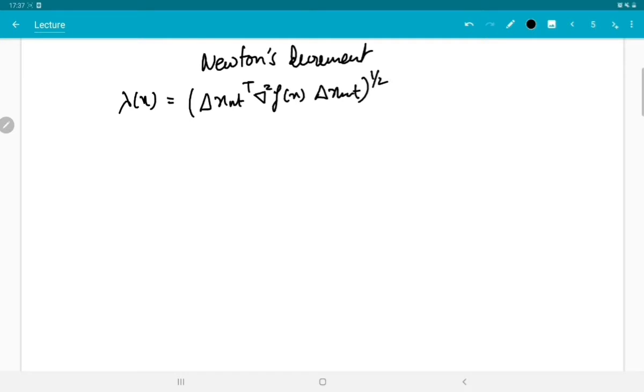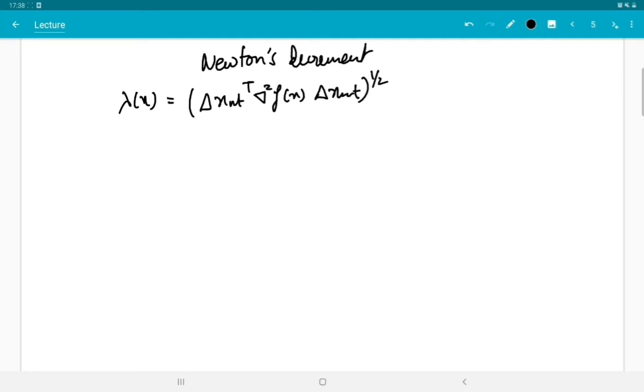In the unconstrained case, we use this measure for stopping, because it got smaller and smaller as we came closer to the optimal point. But now that we have changed the definition of delta x_nt, now we have a constraint as well. We have to check if this definition works.